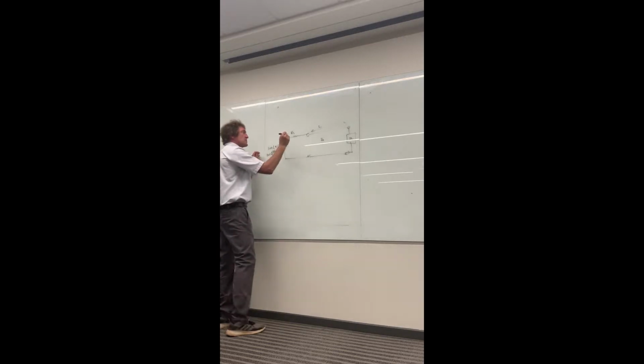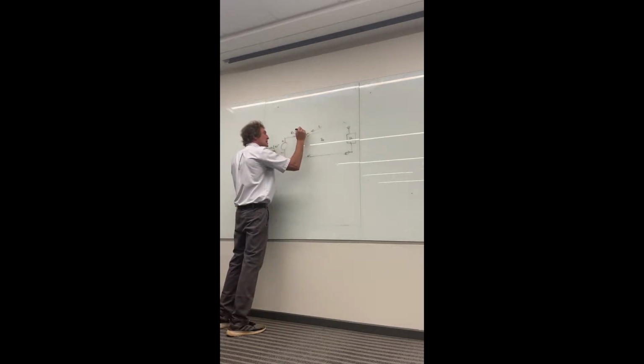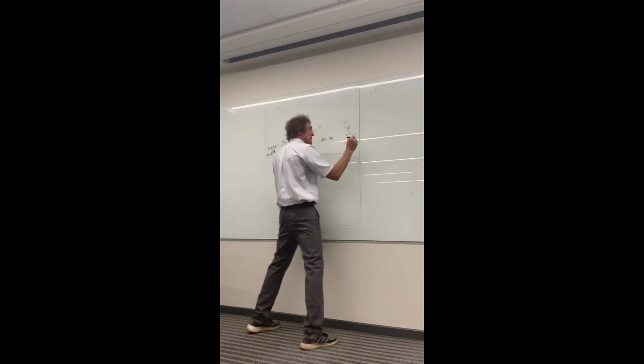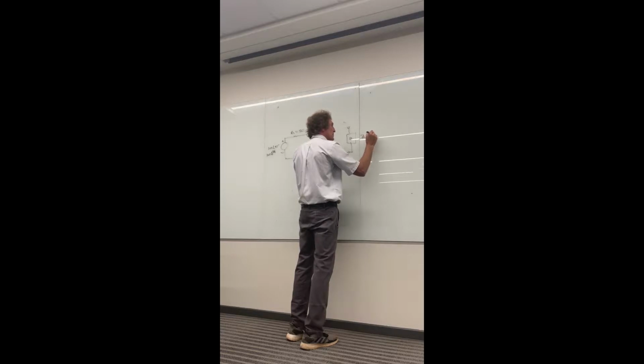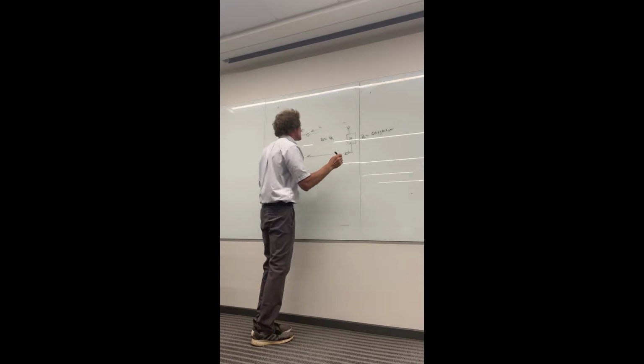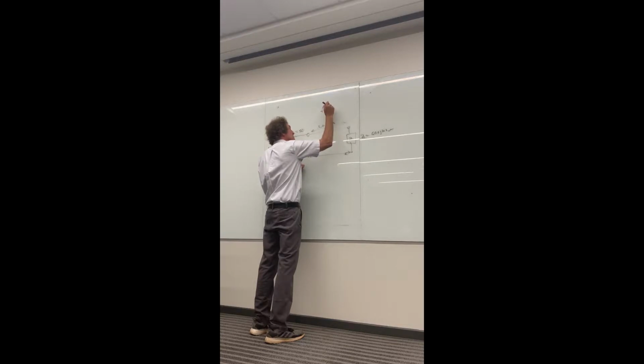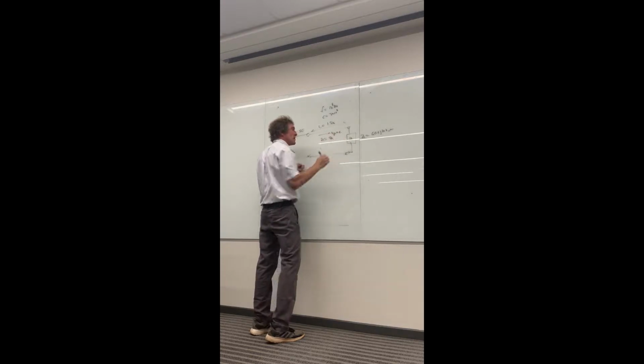RS is 50, and Z naught is 50. ZL is 60 plus j100, and this is all ohms. The length of the line is 1.3 meters, and the frequency is 100 megahertz. C is 3 times 10 to the 8th, and the velocity on the line is C.